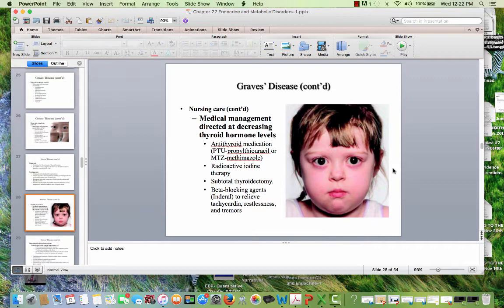I might have a case study on your final exam question about what would be appropriate care for a kid who's receiving radioactive iodine therapy. And beta blocking agents, Inderal, relieve the tachycardia, restlessness, and the tremors as well. So have a good idea of the things mentioned on this slide.